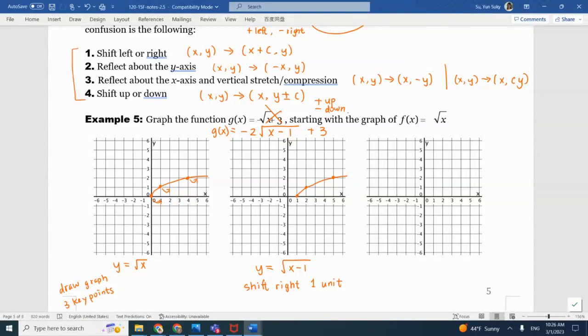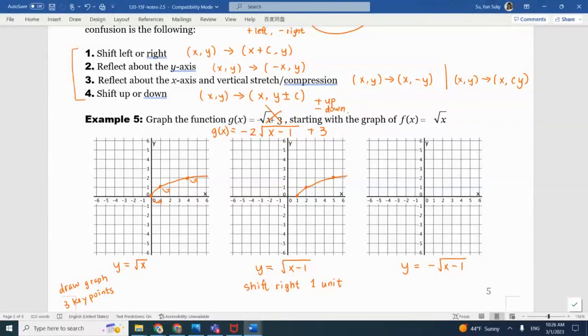How about reflection about the x-axis? Do you see a minus sign in front of the whole thing? Yes. So the next picture. Put a minus sign in front of the whole thing. Okay. So we're doing step by step. Here, look at the previous step. It's like that. And then we add a minus sign in front of the whole thing here.